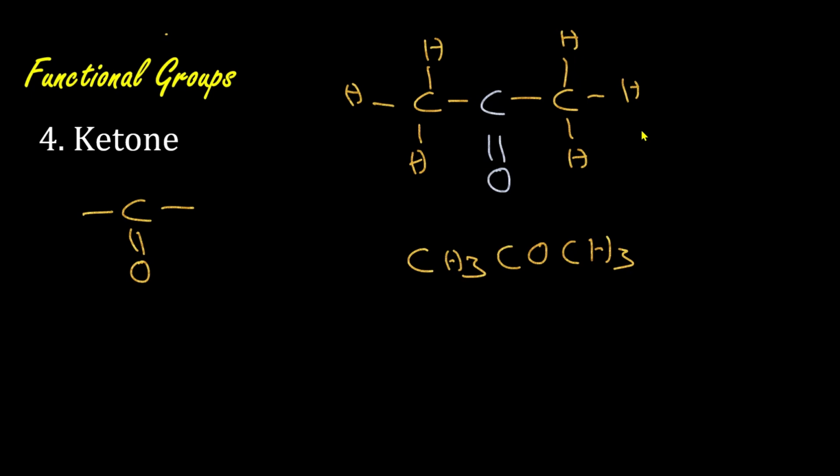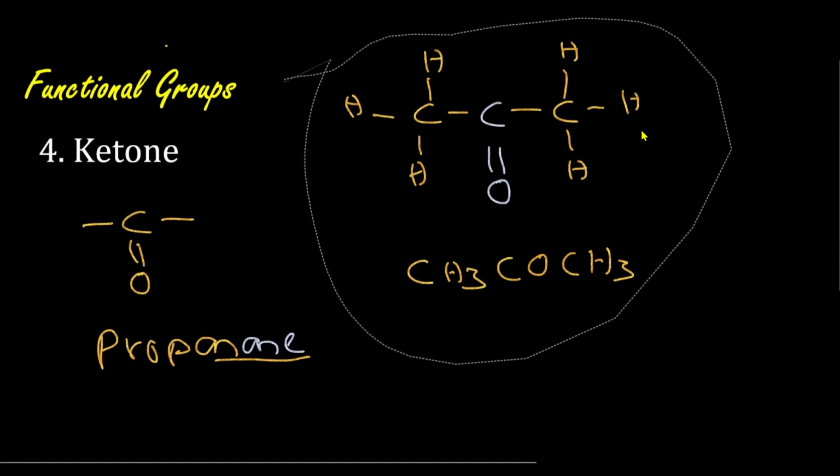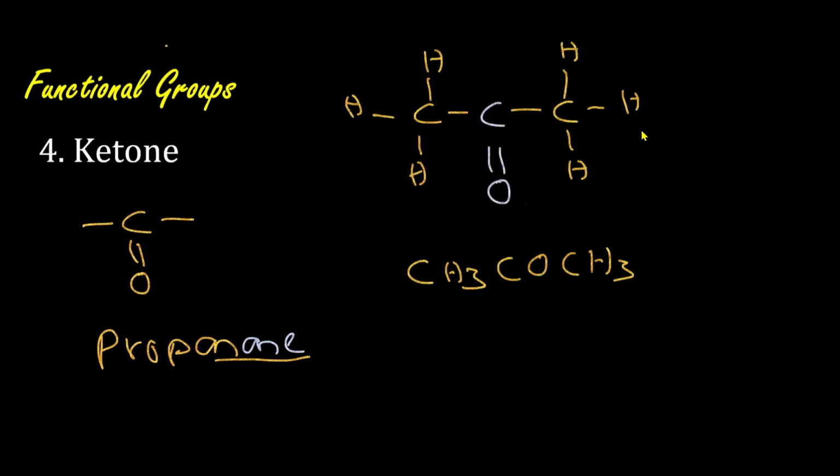But when it comes to naming the compound, it's made from 3 carbon atoms. So first I'll write propane, then I'll remove the last E and add the suffix one. But when reading its name, you should read it as propanone, together. Once we have done propanone, we can make butanone, pentanone, and hexanone.